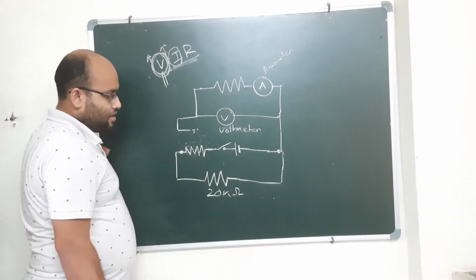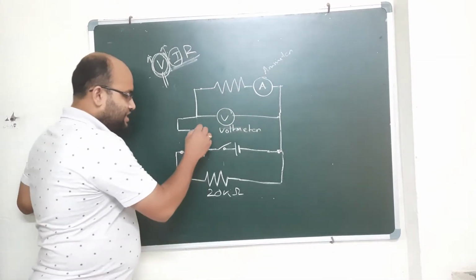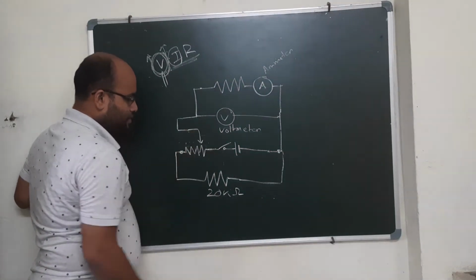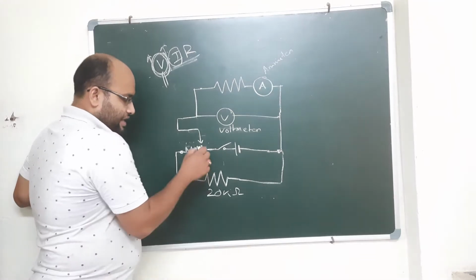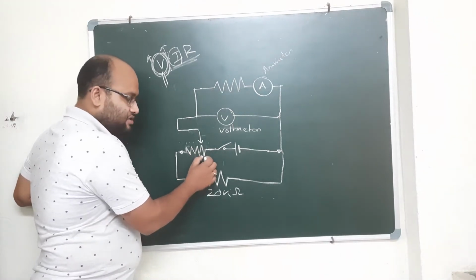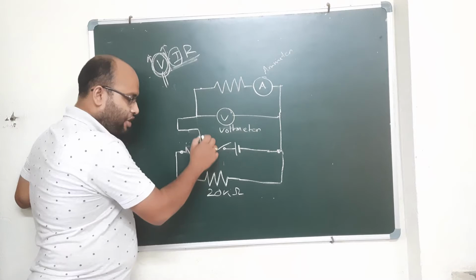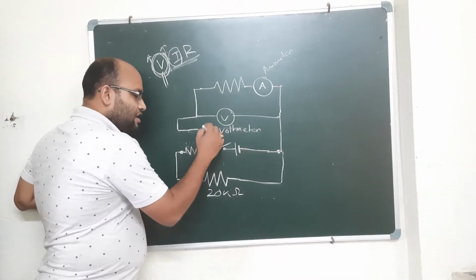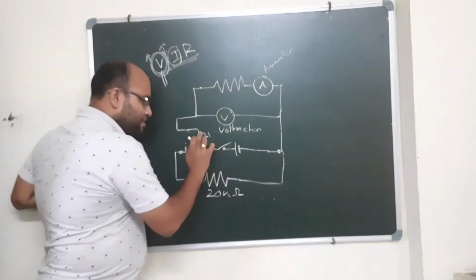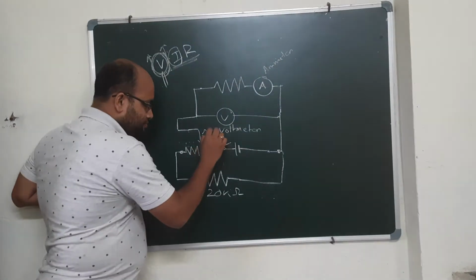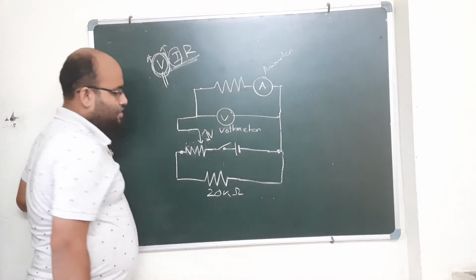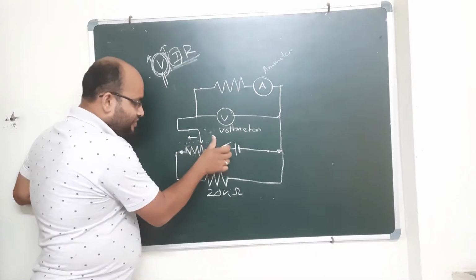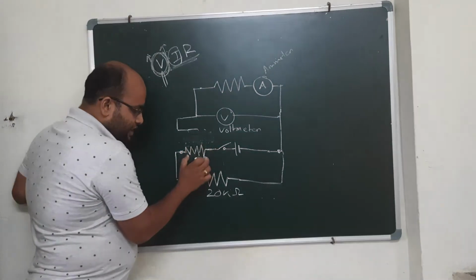If we connect this pointer over here, then due to this part of the resistance, the potential difference here and here is a bit less. I am considering it's 1 volt over here. So as we move the pointer towards this direction, the potential drop eventually increases because of this resistance.